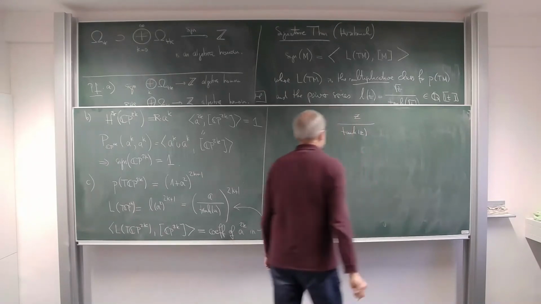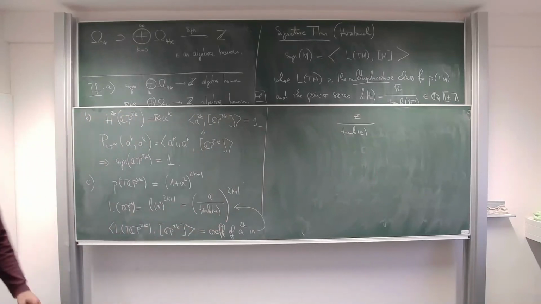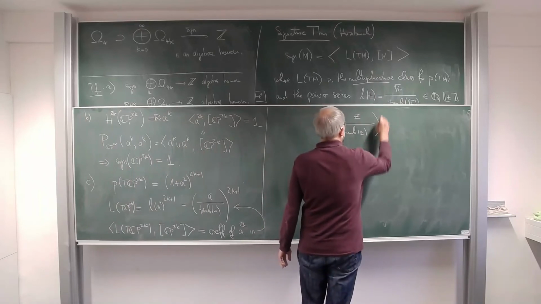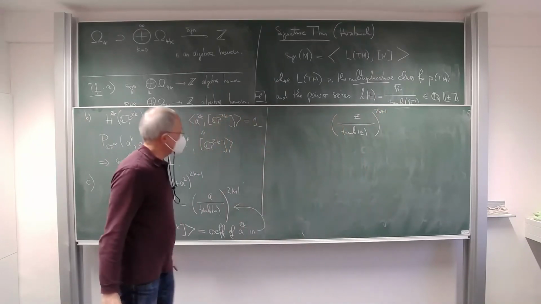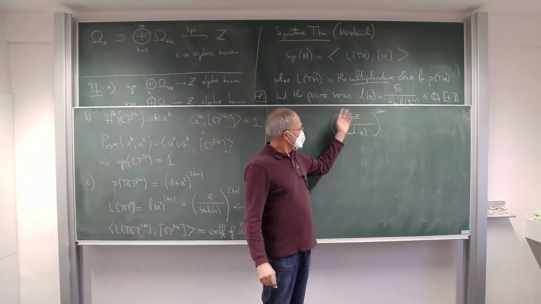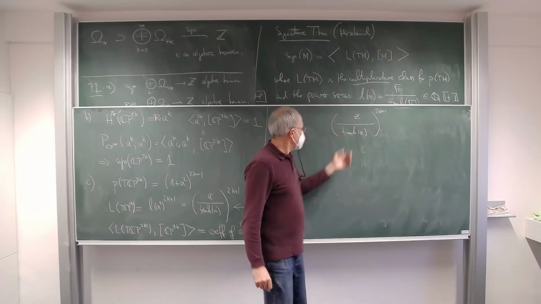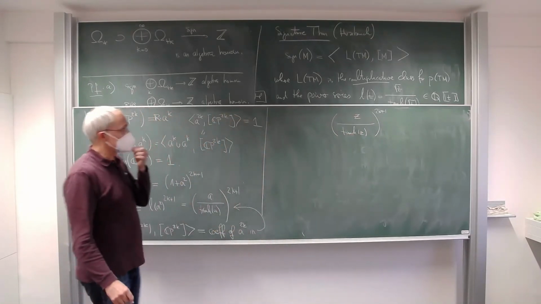It doesn't change anything really, because we are just looking for a certain coefficient in the power series. So I could rephrase the question. If I look at this simply as a complex power series, what's the coefficient of z to the 2k in that power series? That's what interests me.